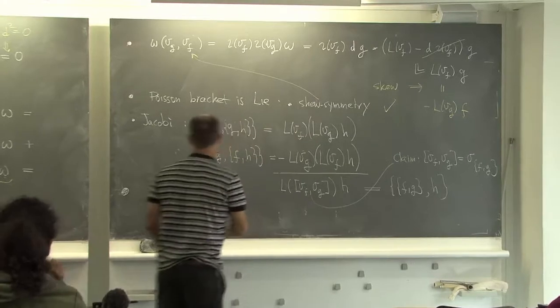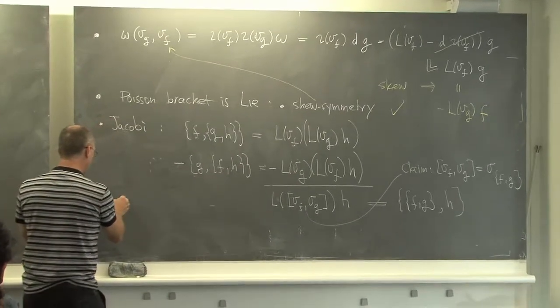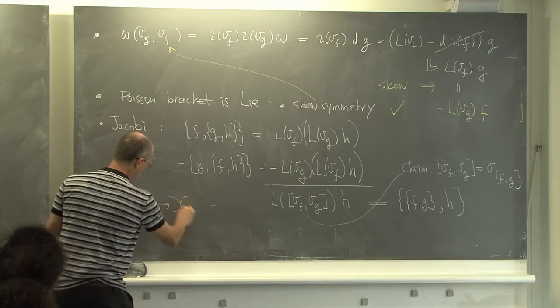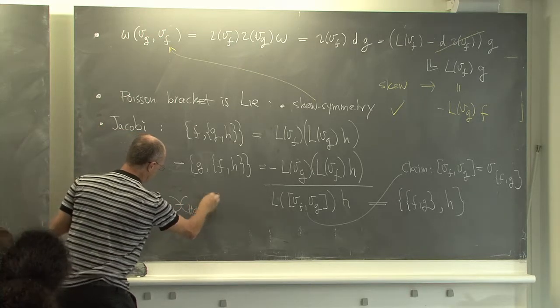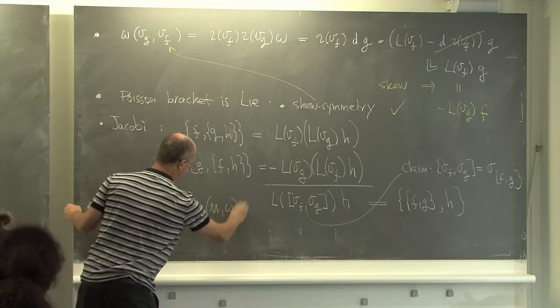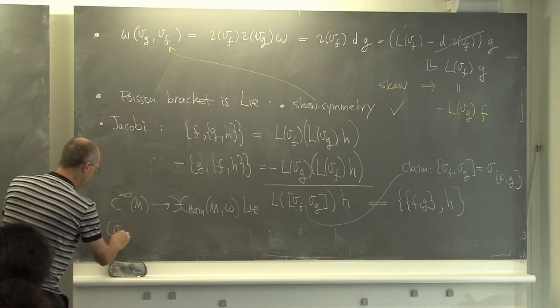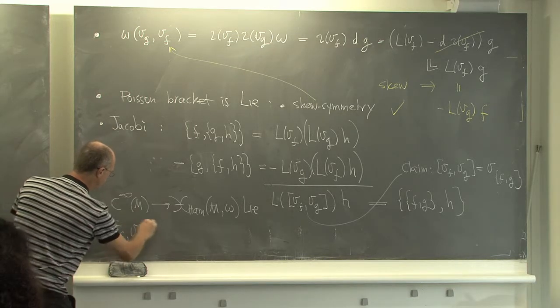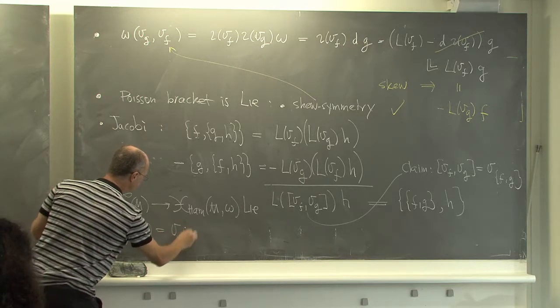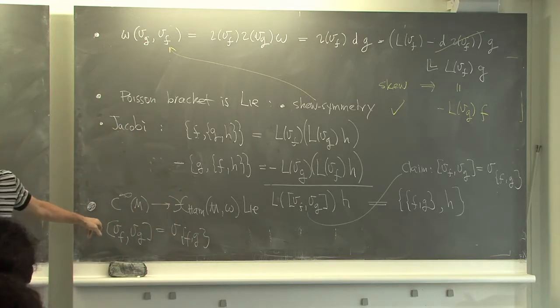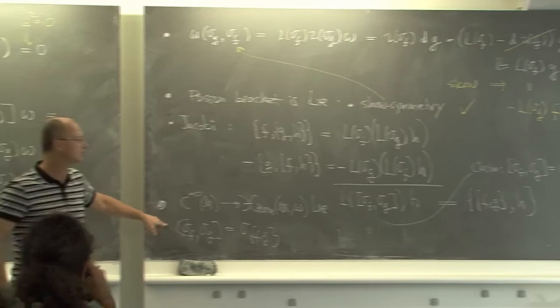So what does it mean? The map from C infinity of M to Hamiltonian vector fields is Lie. It means the commutator of Vf and Vg is equal to V of {f, g}. That's the meaning of this statement.